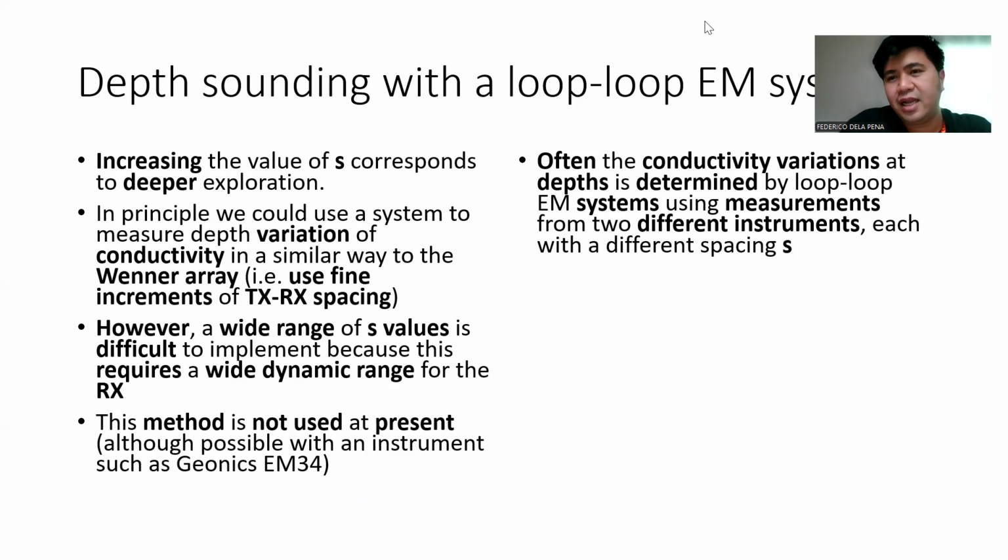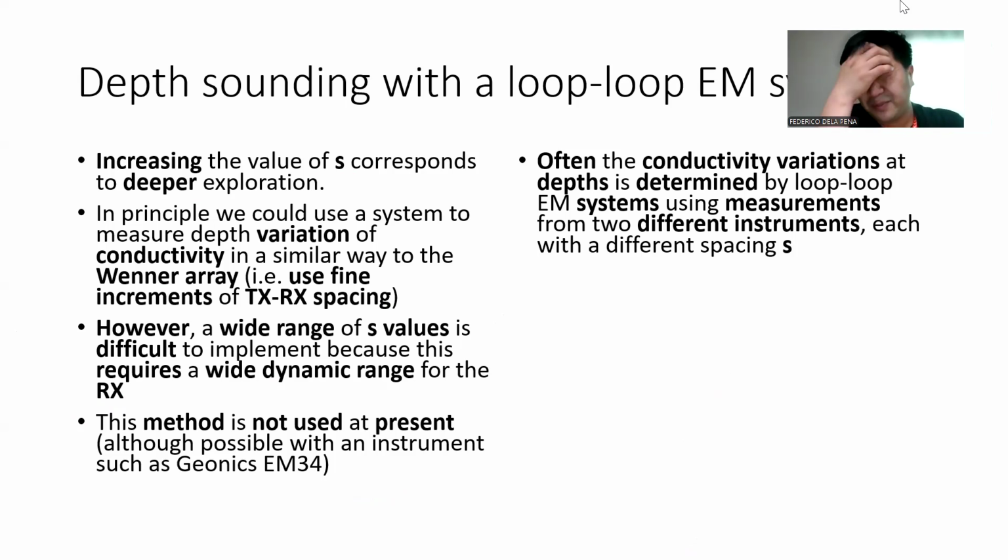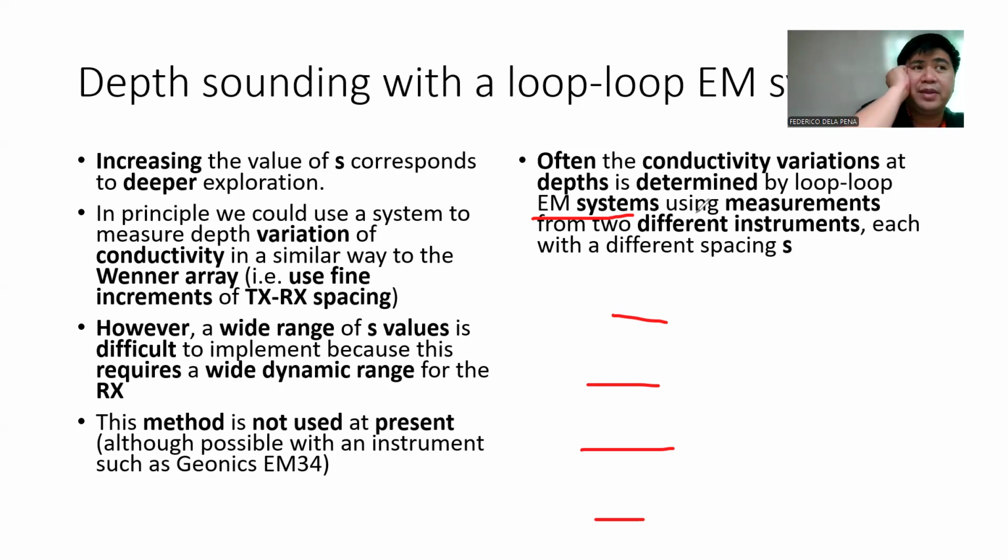So personally, I'm not really familiar with EM systems. No? I'm familiar with seismic and GPR, but that sounds impractical to me. Like, if you want to do a survey and you want to know the conductivities at different depths, you have to have a set of so many EM systems. So if you're doing a survey on a large scale, that might be practical.